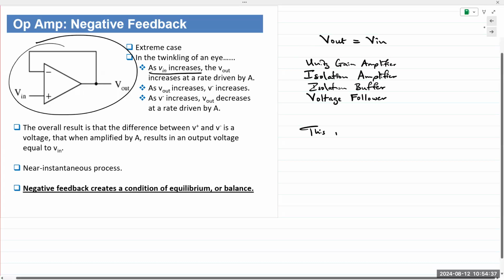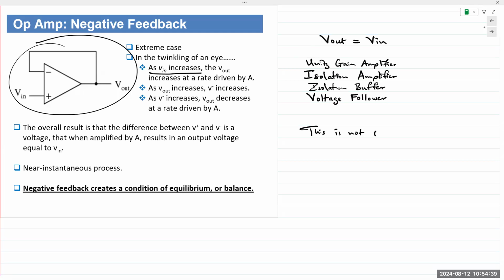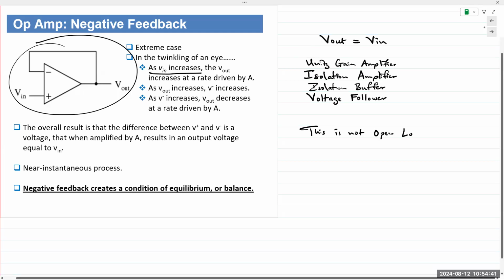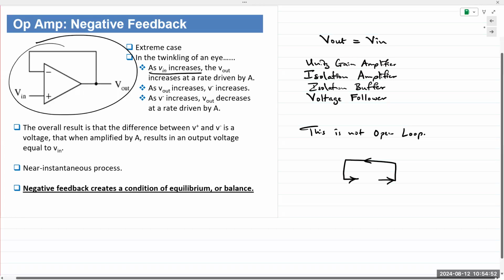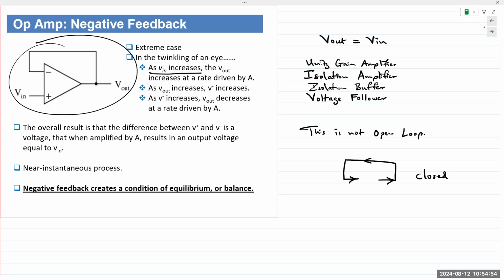One other point, this is not open loop. The output is being fed back to the input. So it's a closed loop.